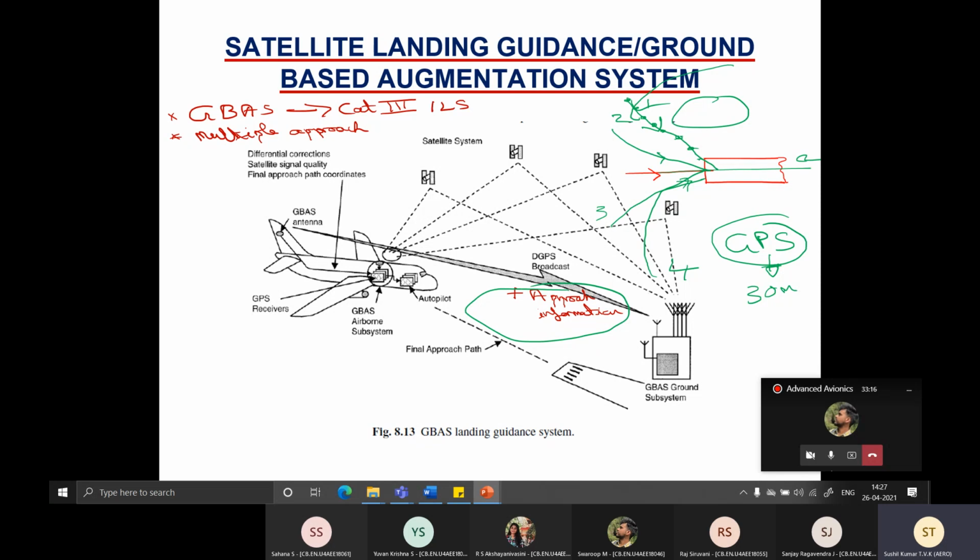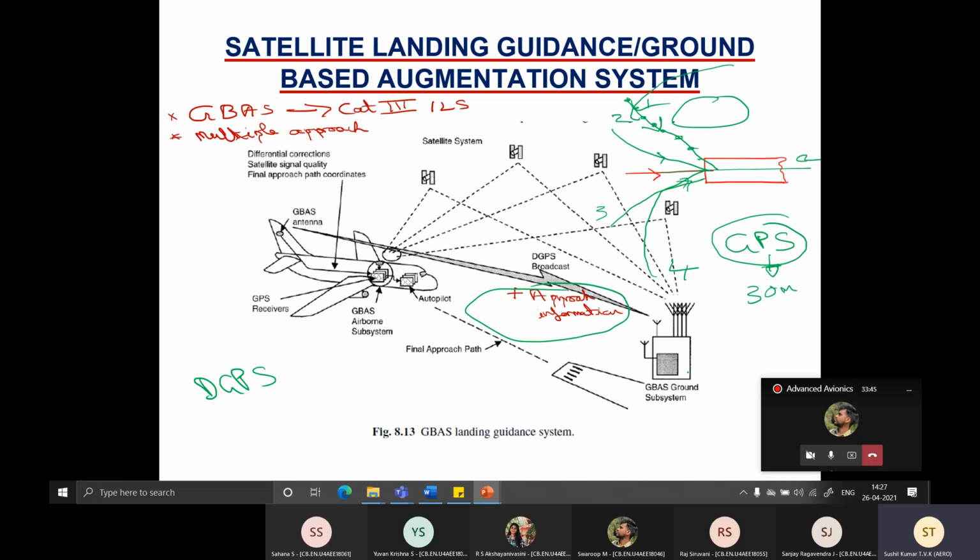So how do we get over this problem? But you have to use GPS only. For that, what you do is use differential GPS. I don't know whether people remember it or not.